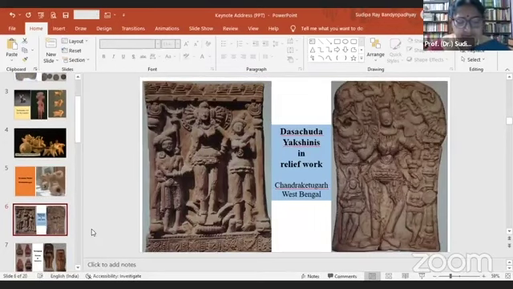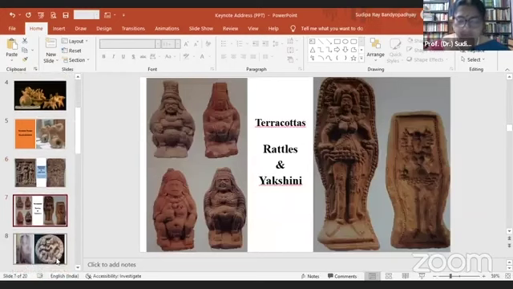Some winged figures are also found in Bengal terracotta reliefs. The figure most commonly seen in terracotta rattles is pot-bellied Kuber. There are different types of terracotta images of Kubero and Jambhala, holding either a purse or the tail or neck of a mongoose.